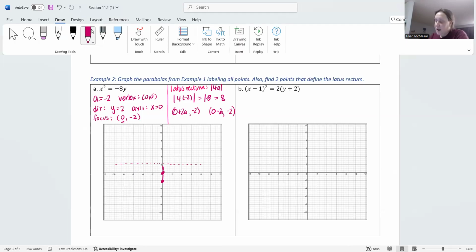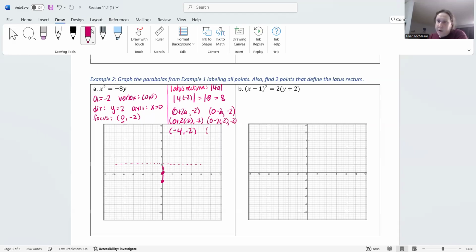So what was a? a was -2, so we're going to get 0 plus 2 times -2, comma, -2. 2 times -2 is -4, so it's going to be 0 minus 4, which is -4, comma, -2. And then this one right here is going to be 0 minus 2 times -2, comma, -2.